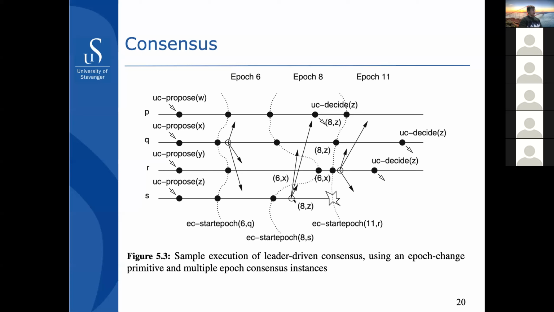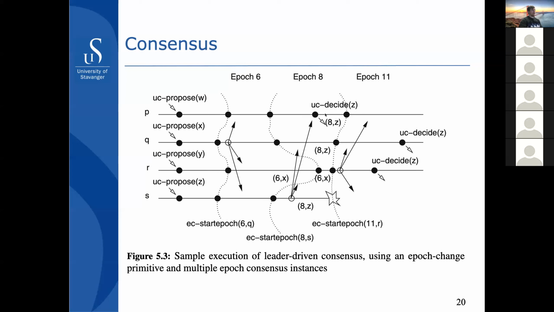And in epoch 8, we have the proposal of the value, no, the value is Z. The value is Z here. And the process P is able to decide on this value in epoch 8.